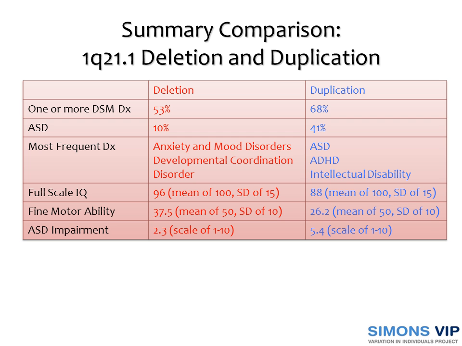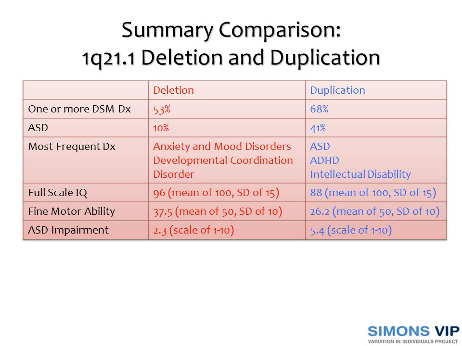Only about half of our carriers of the deletion actually met diagnostic criteria at all. About 53% had at least one diagnosis. So about half of our carriers aren't showing any challenges that meet diagnostic threshold. Our duplication carriers, about 68%, are meeting that diagnostic threshold.